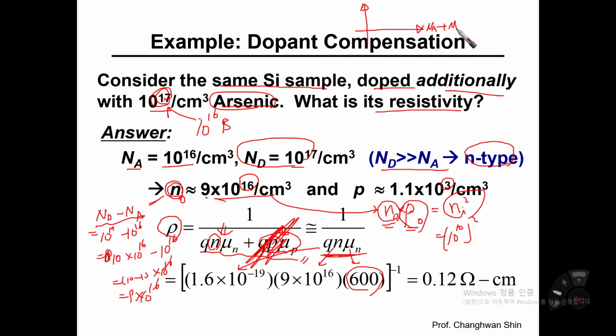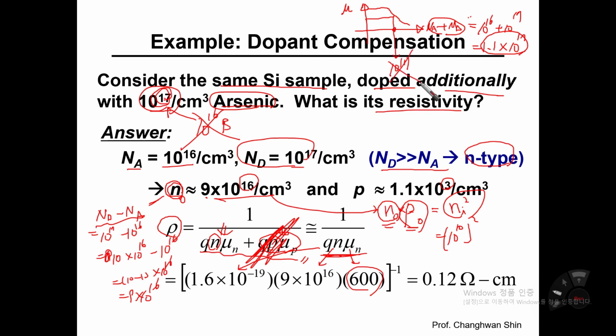the x-axis indicates Na plus Nd, that is for the mobility. So here is Na plus Nd. When you read out the value in this plot, Na is 10 to the 16, Nd is 10 to the 17. So 1.1 times 10 to the 17, this point. Some students have made a mistake. They read out the mobility at 10 to the 17.